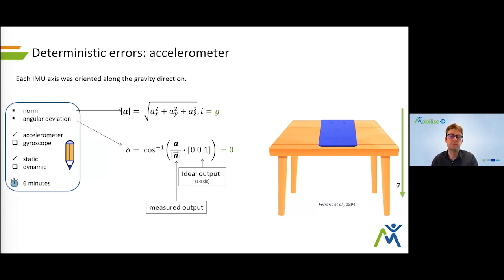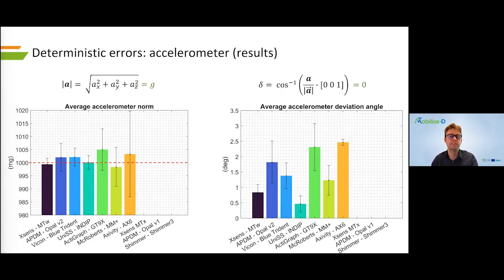The norm is defined as the Euclidean distance, while the angular deviation is based on simple trigonometric computation by comparing the ideal with the measured output. The first criterion is completely fulfilled when the average norm amounts to 1000 milli-g. On the contrary, the second is satisfied when the deviation angle approaches 0 degrees.